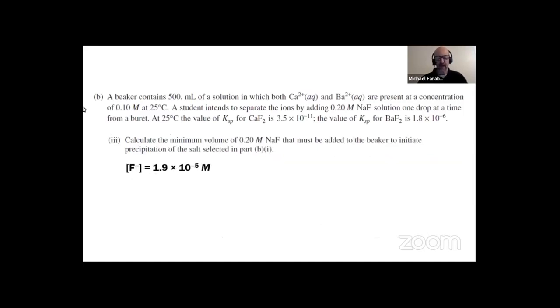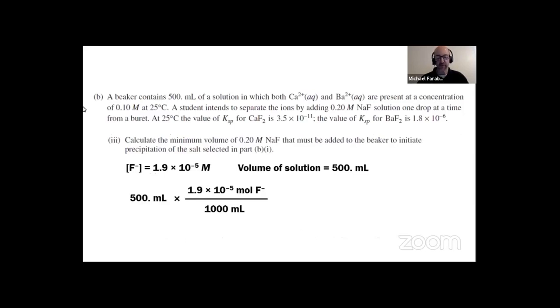So now that we know that number, calculate the minimum volume of the 0.2 molar sodium fluoride that must be added. And again, we're assuming that the amount of sodium fluoride is so small, it doesn't change the total volume. So we still have essentially a 500 milliliter volume of solution. And then the concentration, 1.9 times 10 to the minus 5 moles of fluoride per 1 liter, or 1,000 milliliters.